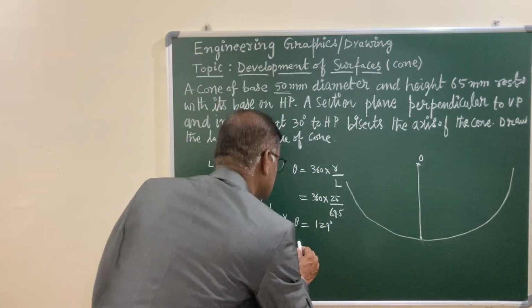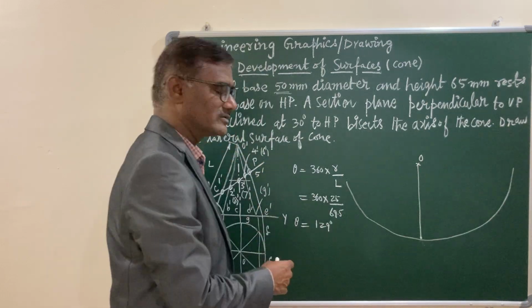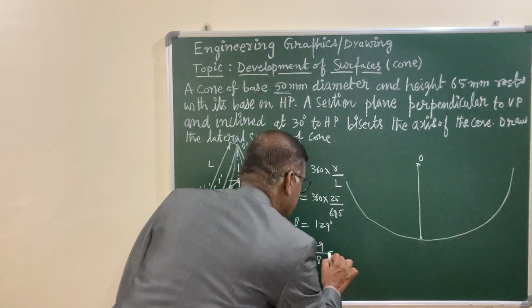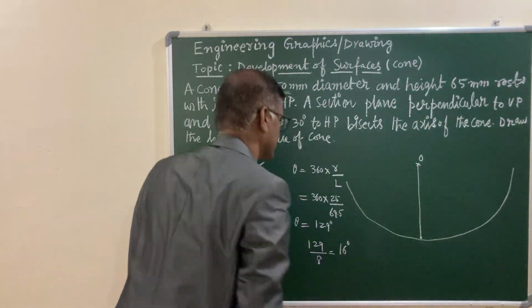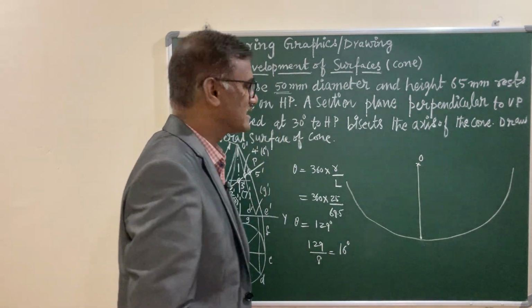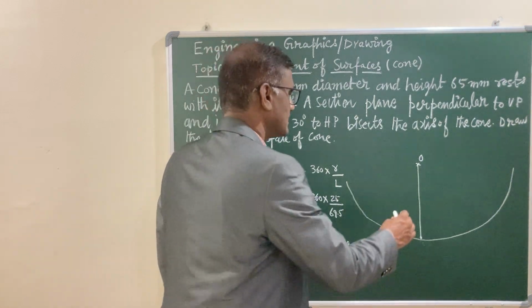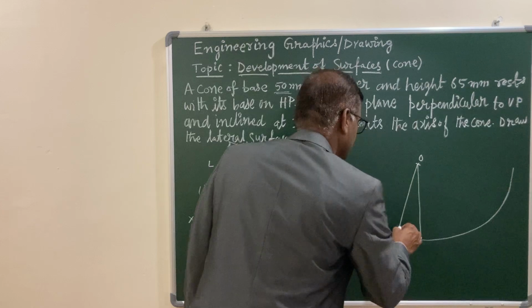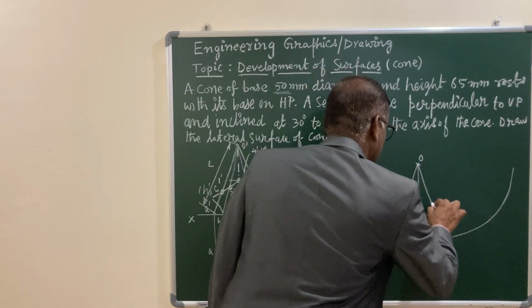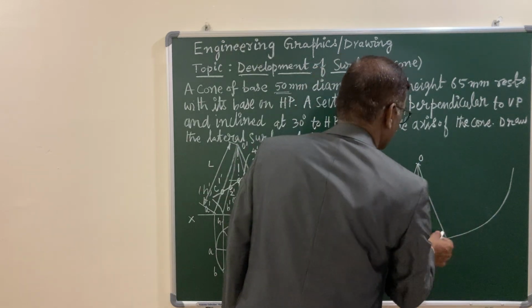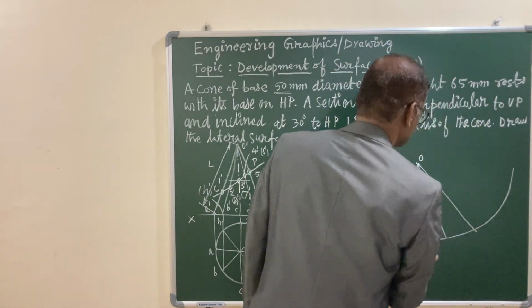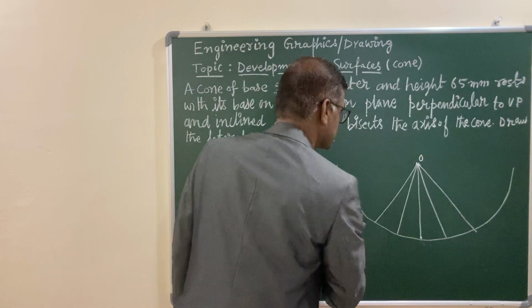Because the circle you have divided into 8 equal parts, that is 129 divided by 8, it approximately gives you 16 degrees. So each division is 16 degrees. Now you measure with the help of a protractor 16 degrees to the left and to the right, and you divide into 2. So further you can make it 16 degrees and 16 degrees.